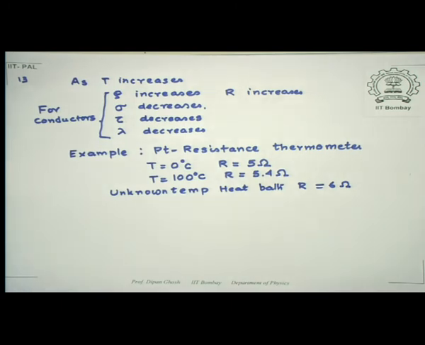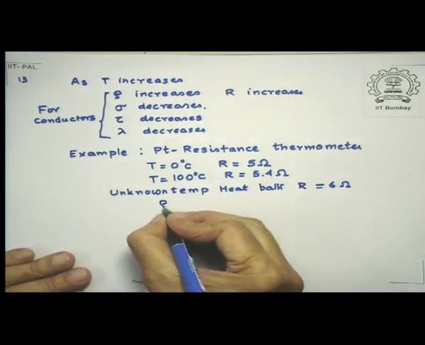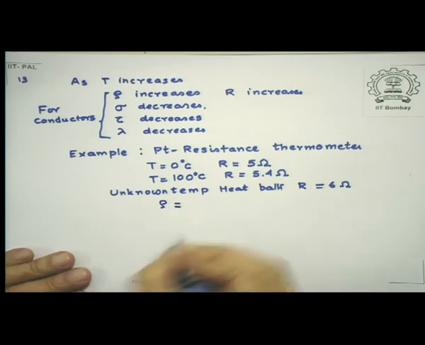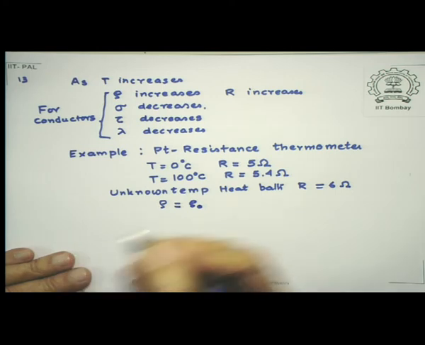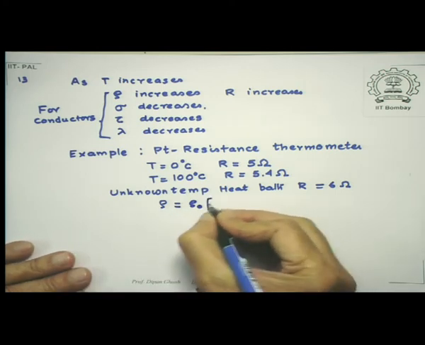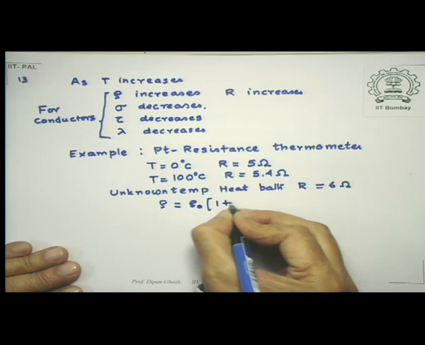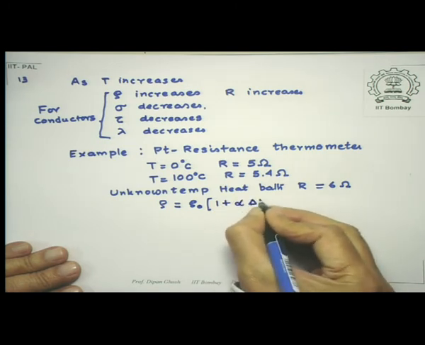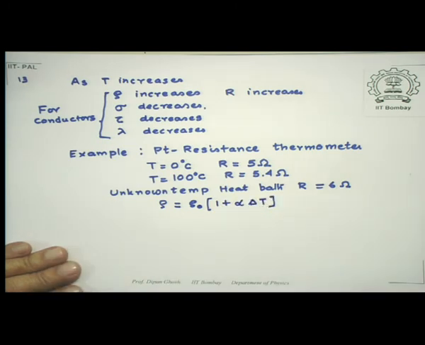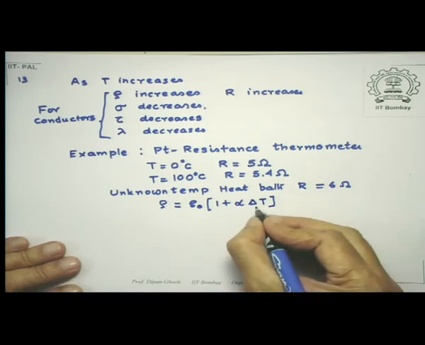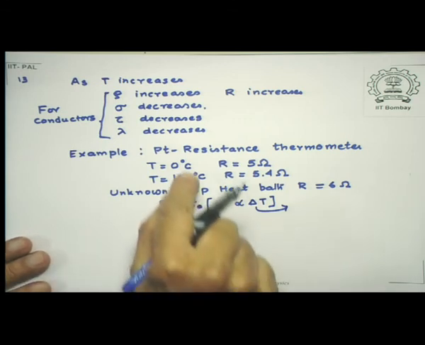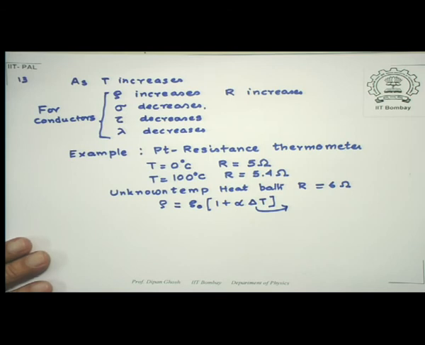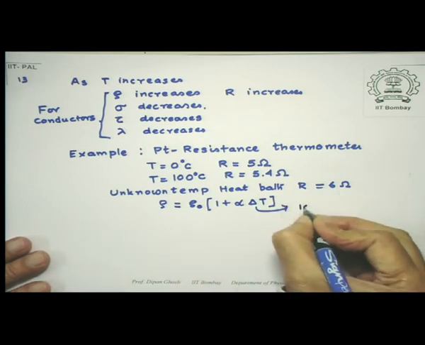Now the first thing is, we know that the resistivity rho at any temperature is related to the resistivity rho naught at a certain reference temperature by rho naught into 1 plus alpha times delta T, where alpha is the temperature coefficient of resistivity and delta T is the change in temperature from this reference temperature. In this case, we take the reference temperature to be 0 degrees centigrade and delta T is 100 degrees.